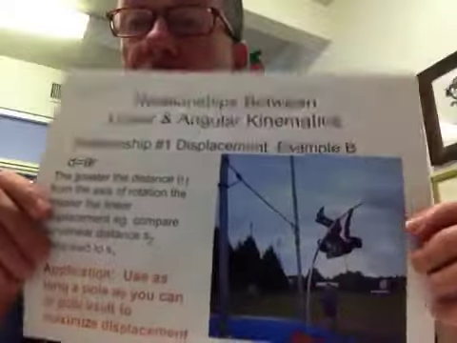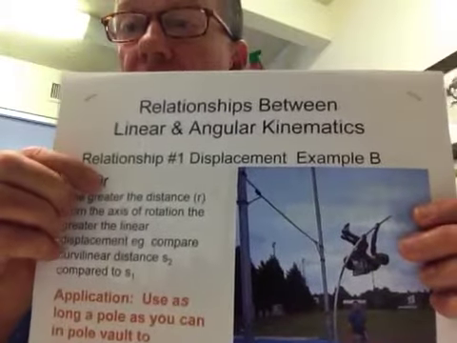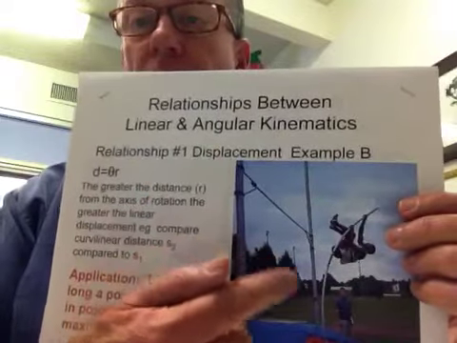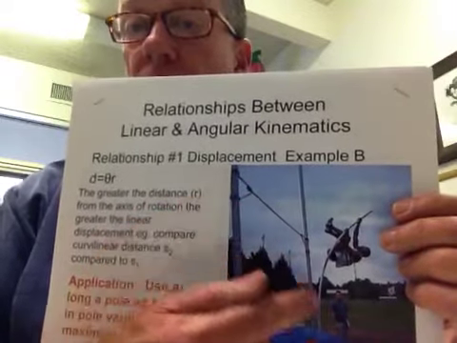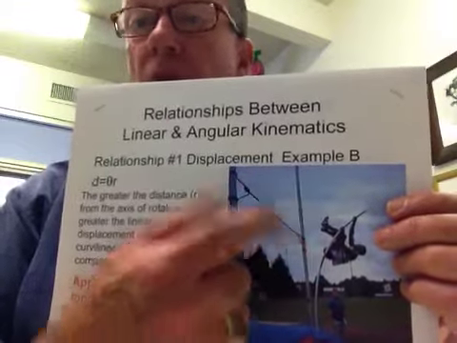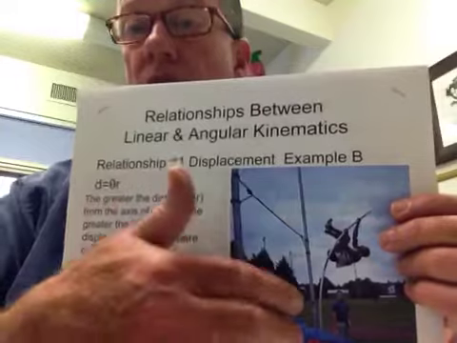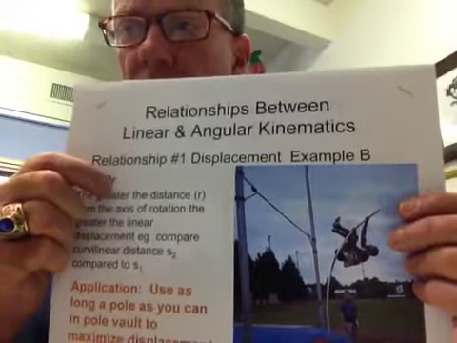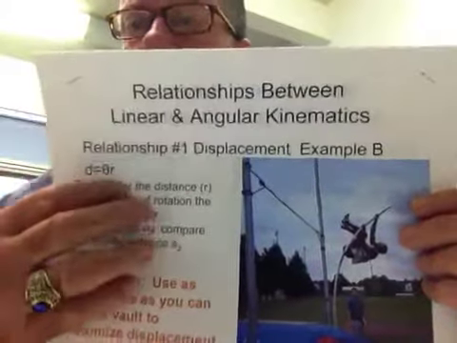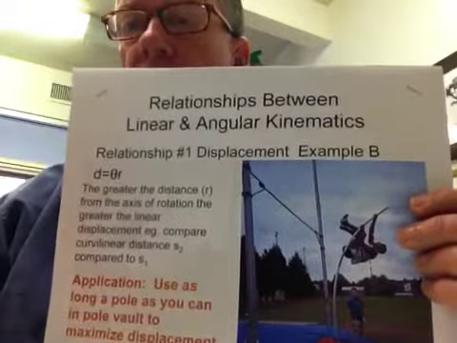displacement. Another example of that would be in the activity of pole vault. Obviously, you've got to have a long enough pole, given a theta that stays constant, in order to have the appropriate displacement to get over the bar. If you're trying to clear 10 feet and you have an 8-foot pole, the physics of that don't work out very well. And so you have to have a pole that has a commensurate radius for your desired goal for getting over the bar.